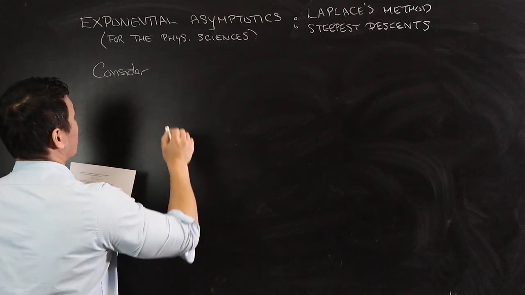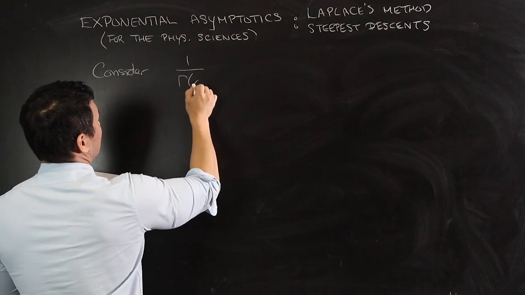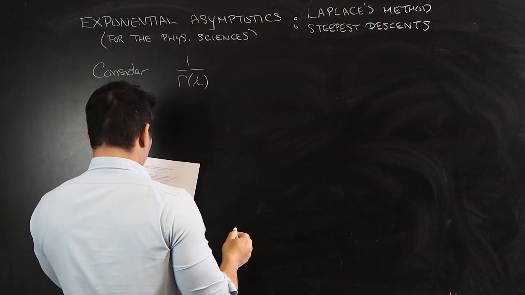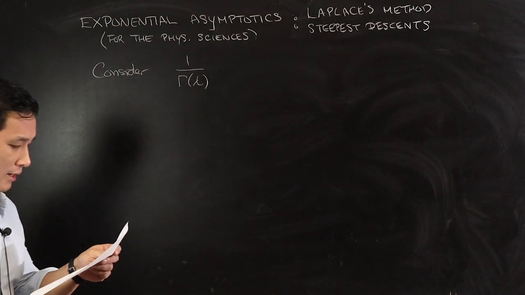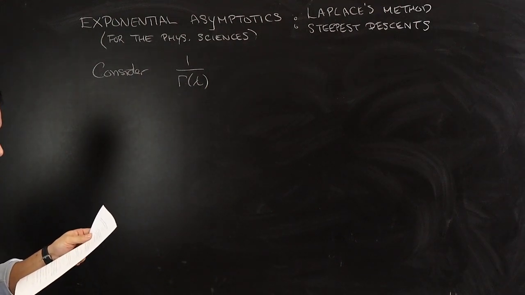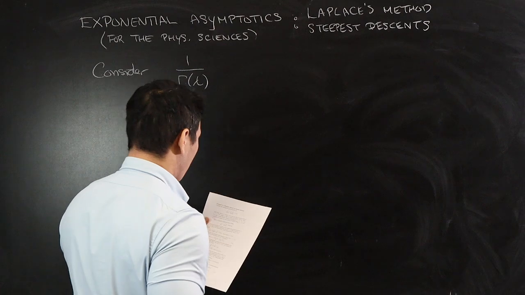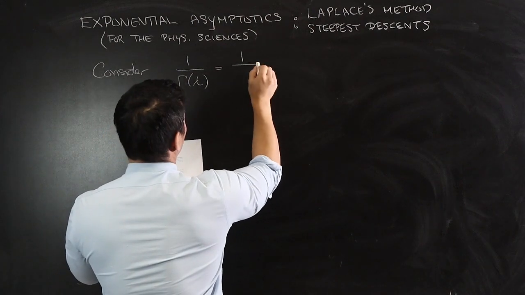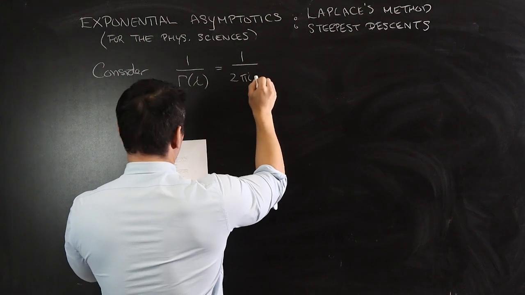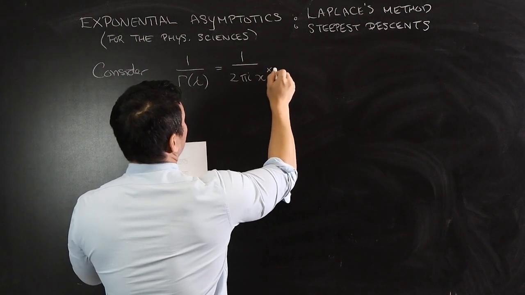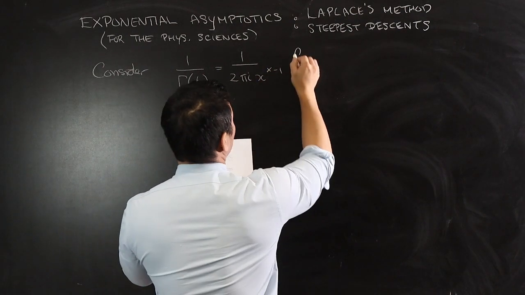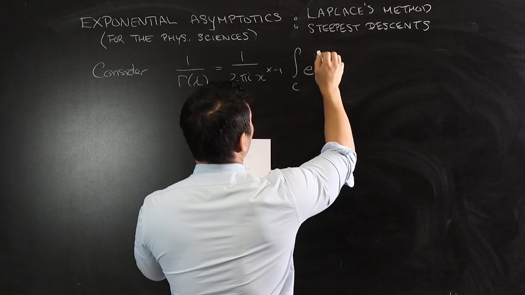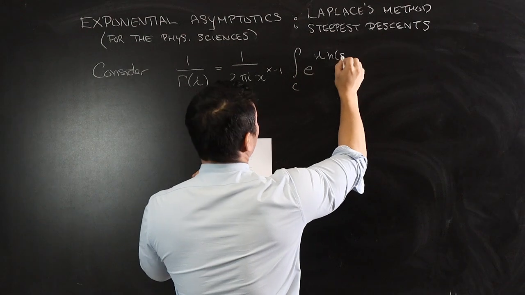I want to estimate 1 over gamma function of lambda, and I'm not going to show you how to do this, but you can refer to the notes. But this can be written in the following form: 1 over 2 pi i times x to the x minus 1 times an integral over C of e to the lambda times h of s ds.